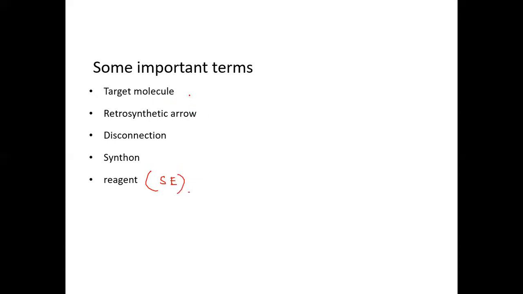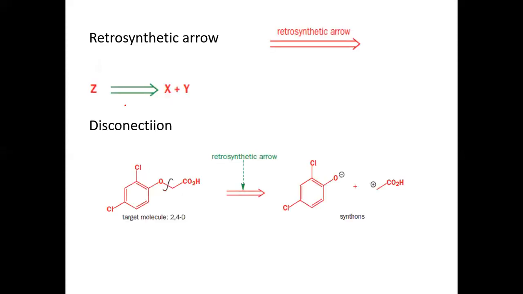First, we shall see target molecule. Target molecule means a molecule to be synthesized. We shall see the retrosynthetic arrow next. A common reaction like A gives B, for this reaction you might have seen a single arrow, but retrosynthetic arrow means an open-ended arrow.